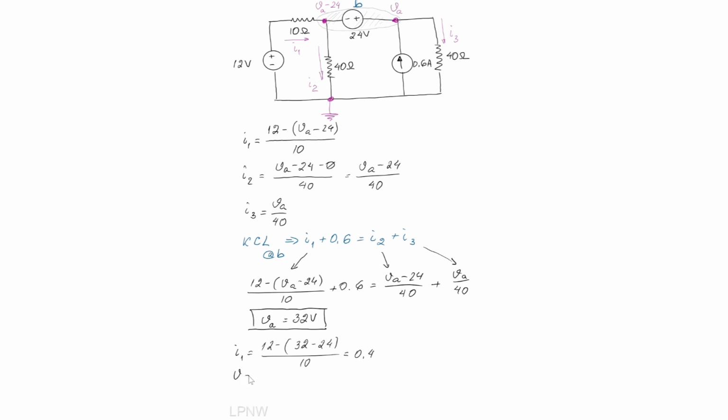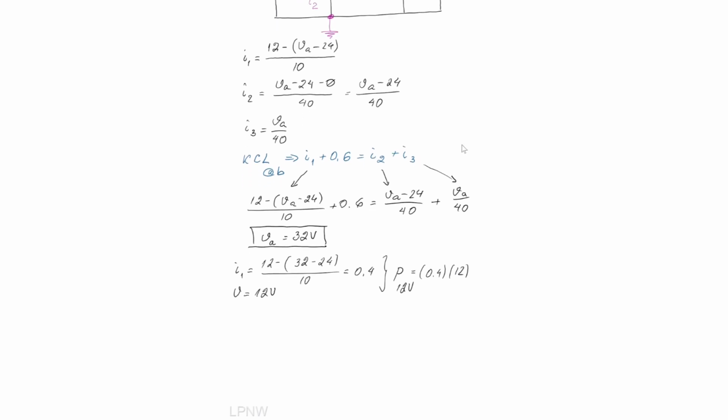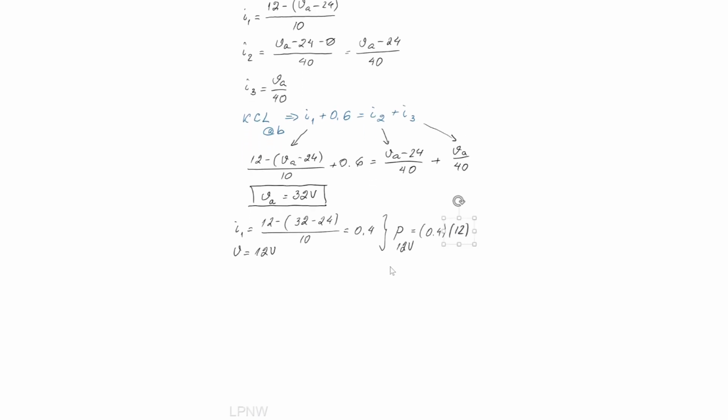And I know the voltage here is the voltage source with 12 volts, so the power for the 12 volt source is going to be 0.4 times 12. Here I can get my first answer. The power for the 12 volt voltage source is 4.8 watts.